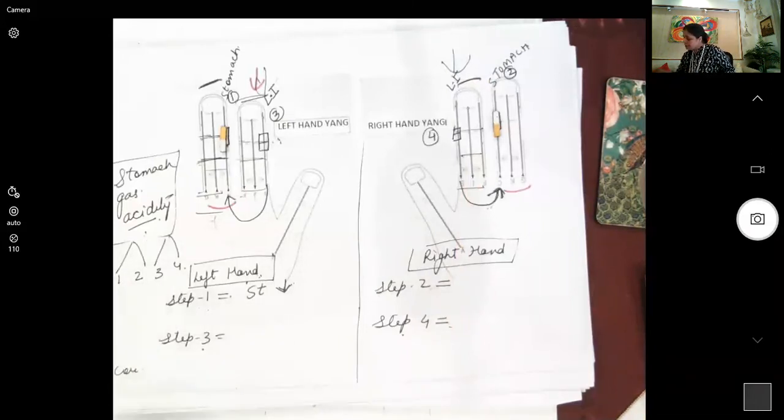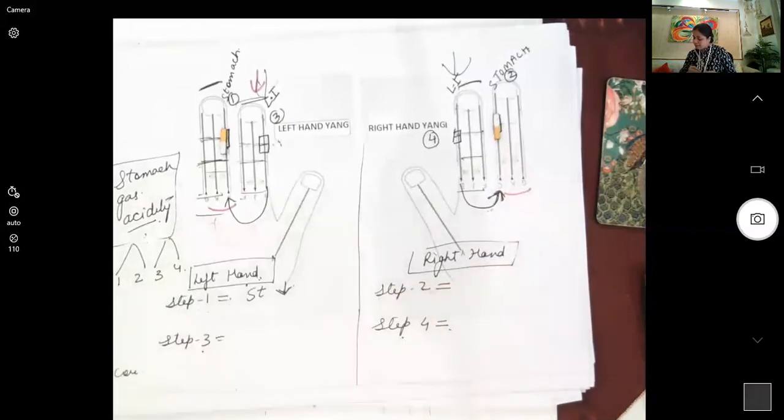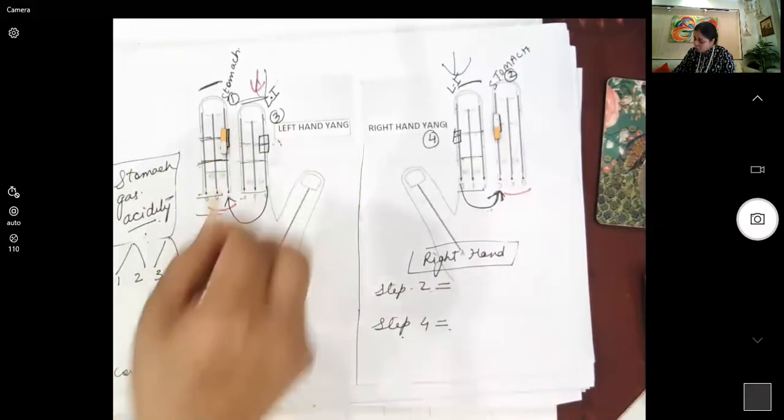So now in this case, you did sedation. Okay, and the patient said, I'm feeling good. Then what you do, next step, you come to this hand and see the previous step in this hand. The previous step is stomach meridian tonification. If this is tonification, then you have to do the opposite.